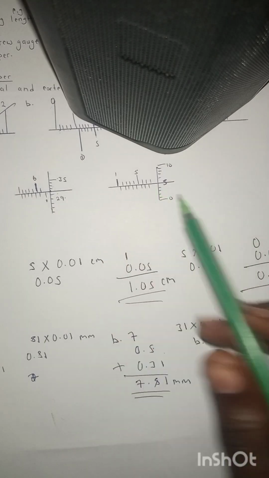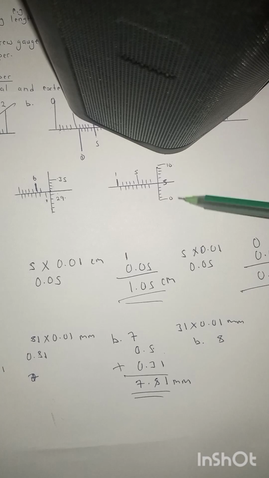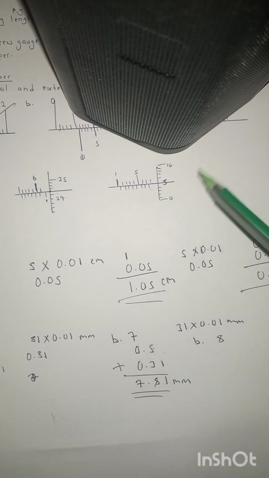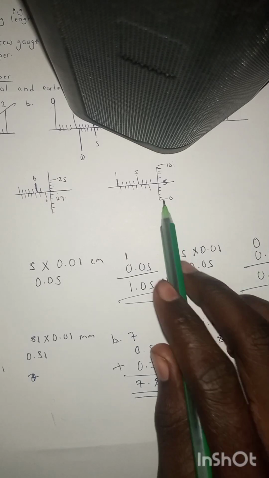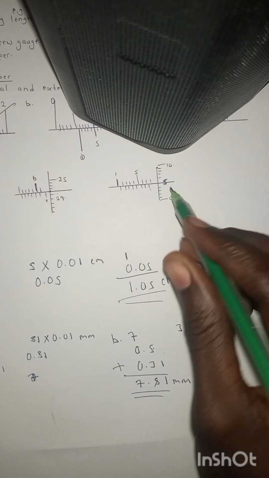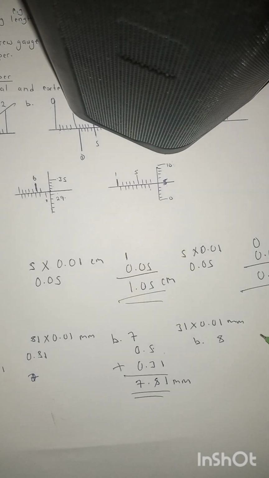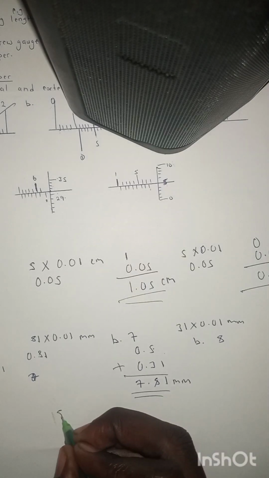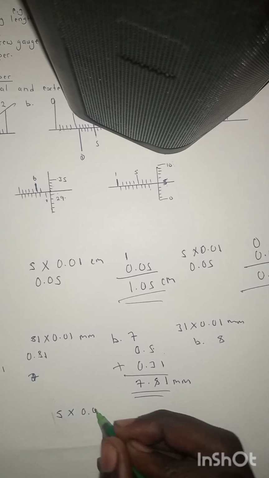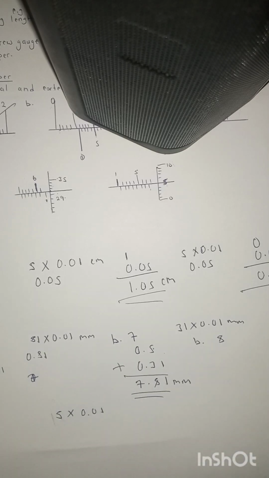Then how you get the reading on the vernier scale is you look at the line that is aligned with the main scale, which in this case is 5. If you can see, this is a 5. So we just say 5. I'll write it here. Then multiply by the accuracy. And I'm repeating again, this is very important.